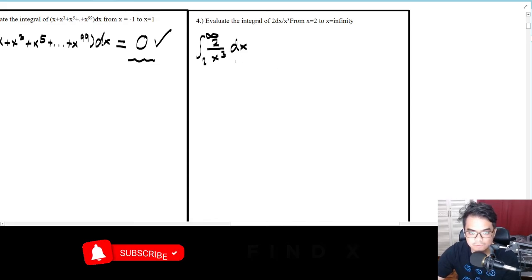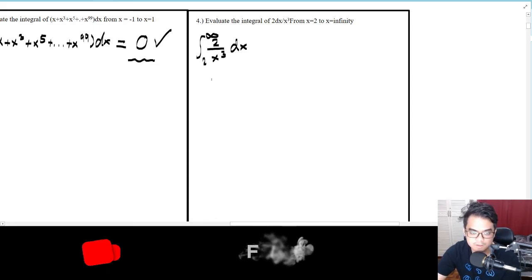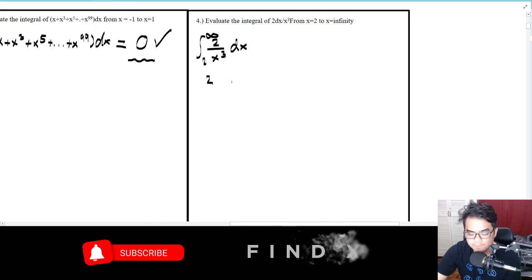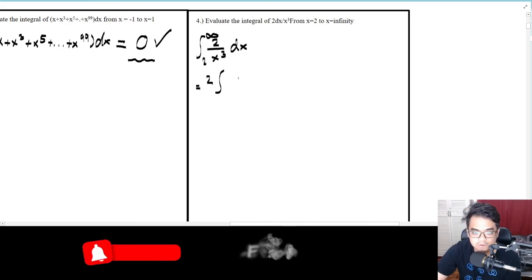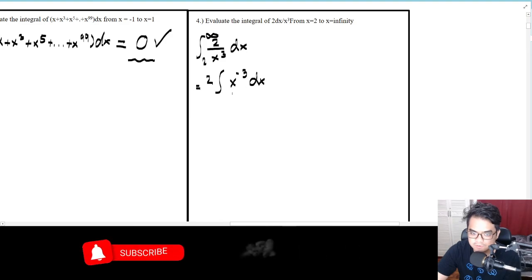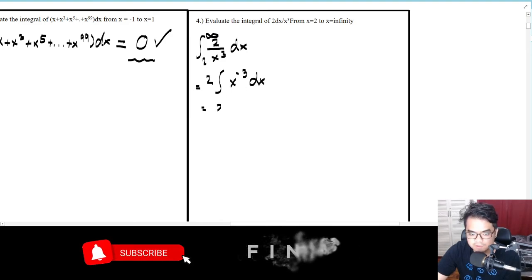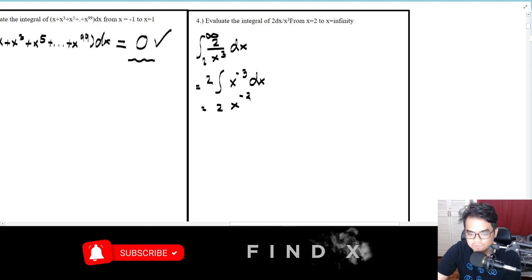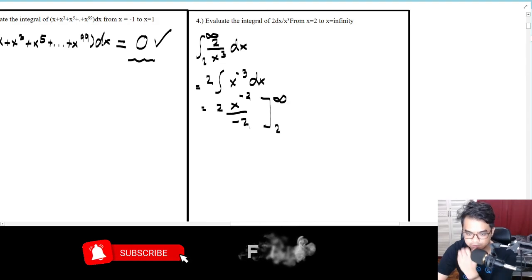Taking the integral of that, you can bring out the 2 to the outside, because that is just a constant. The integral of 1 over x cubed, I can just bring it up, and then the power will become negative 3 dx. Taking the integral of that, you'll have 2 times x raised to negative 2 over negative 2, and then limits from 2 up to infinity.